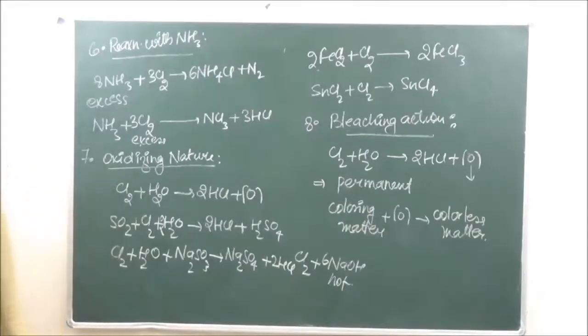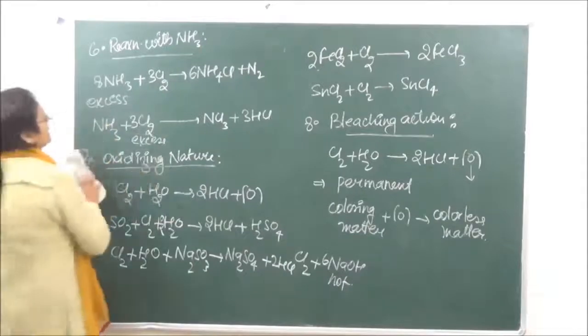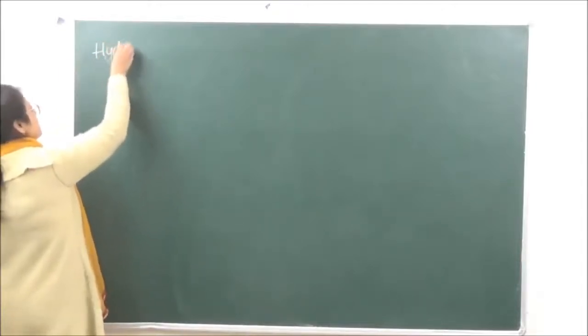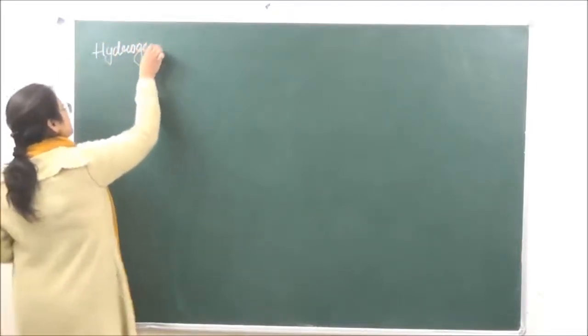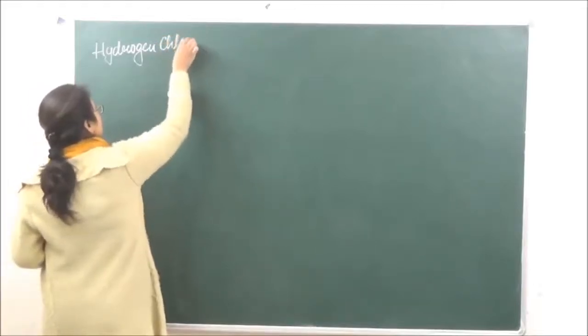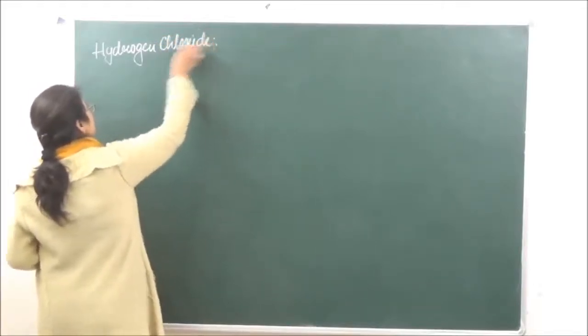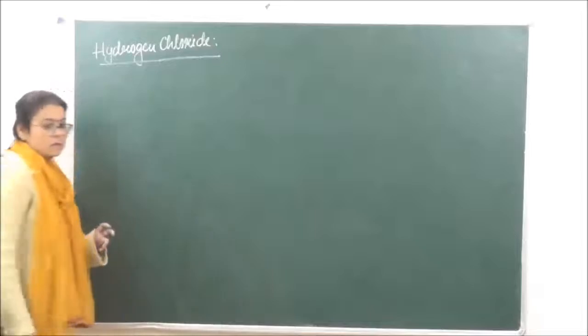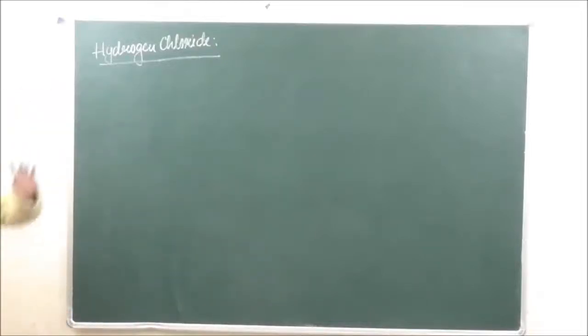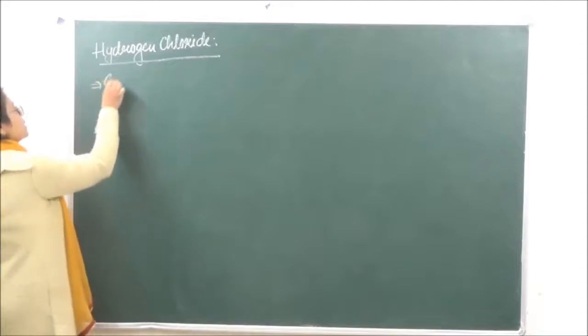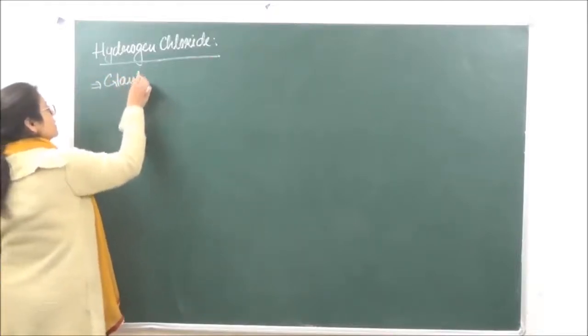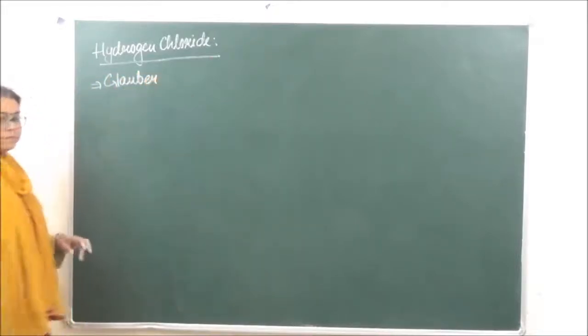Let's go on to the next one, that is hydrogen chloride. Next हमारे पास आता है hydrogen chloride. Now when we talk of hydrogen chloride, it was prepared by Glauber.